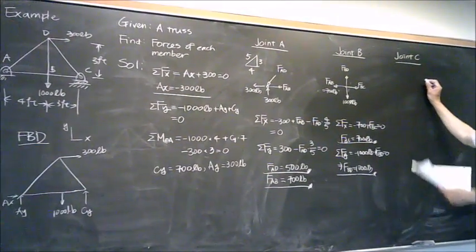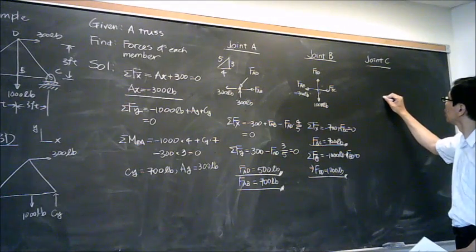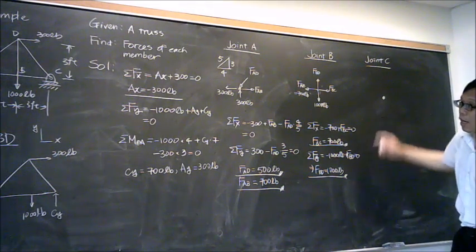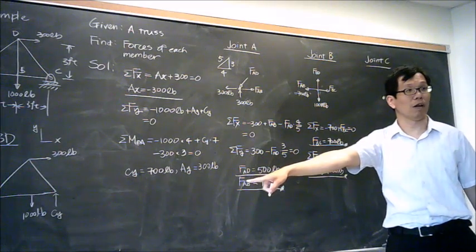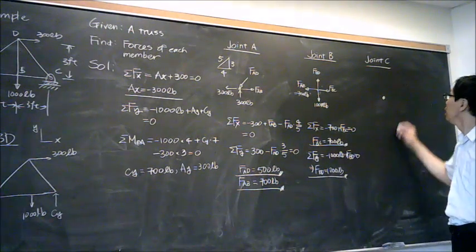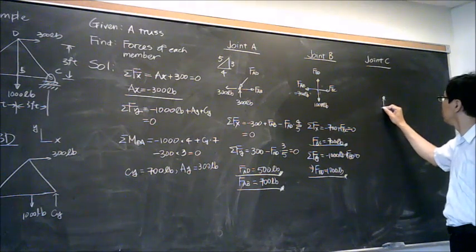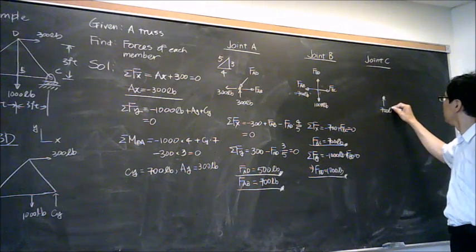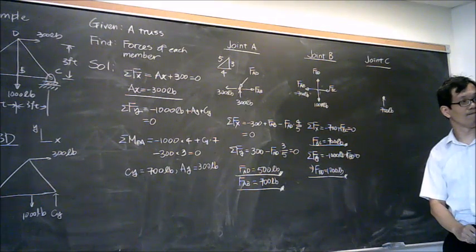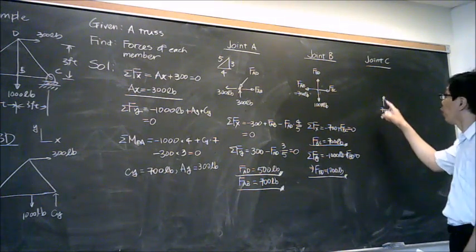Okay, so for joint C, we have one force that we derived from the very beginning. Over here, that is my CY. That is going to be upward, 700 pounds. Right? What else?